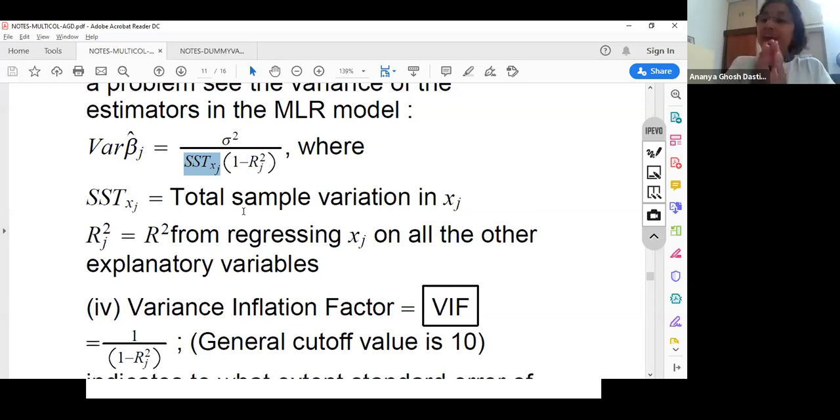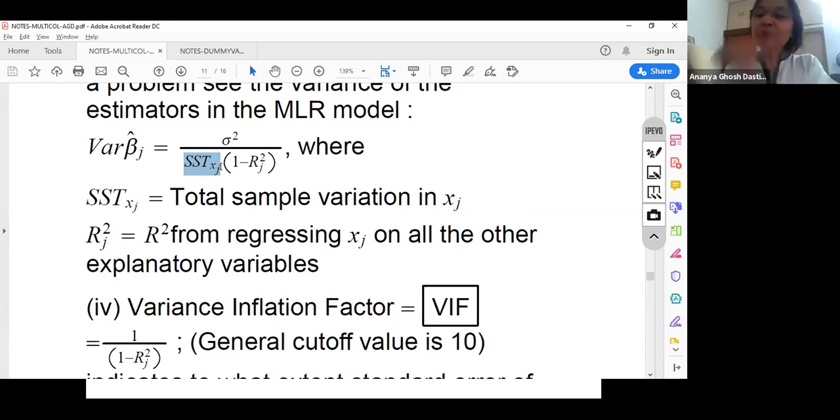So if you have such large data sets, multicollinearity may not be a problem at all. Because for any amount of correlation, suppose your R squared is very high, if the variation in the X variable, SST_X, is so large, then your standard errors will be coming down anyway. So this is what to do in case you have multicollinearity.